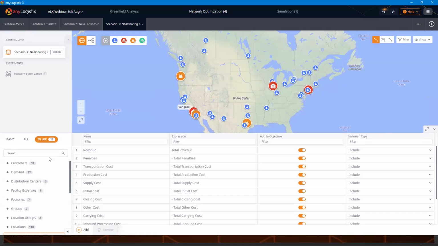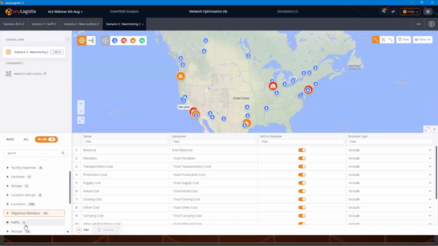So in this scenario, everything is the same. Let's look at the tariff.